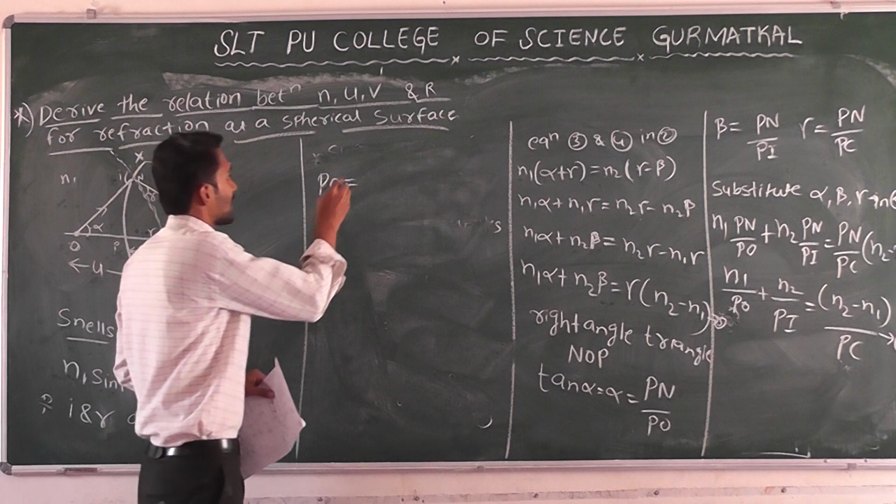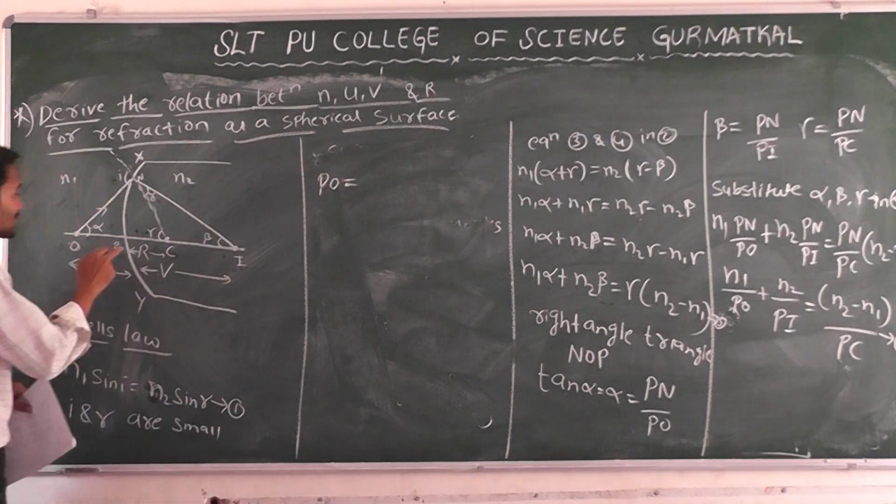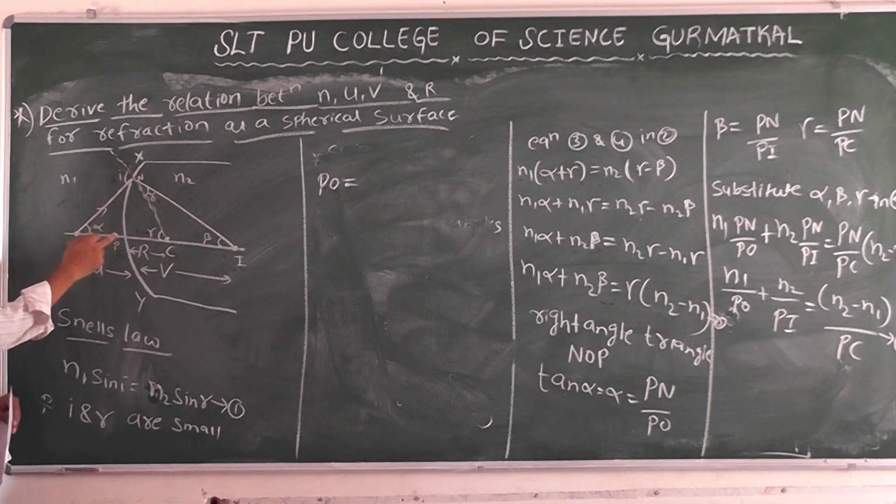According to the Cartesian sign convention, all distances are measured from the pole. This is the pole point.